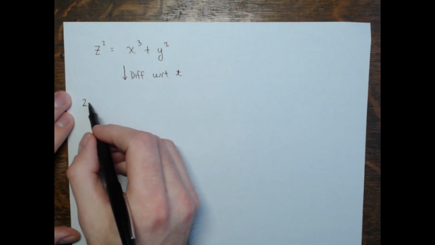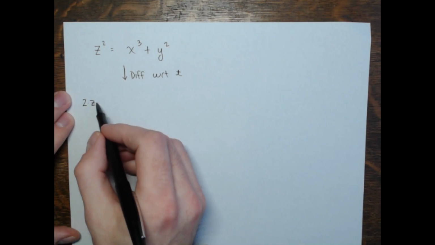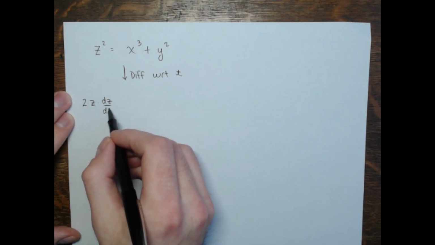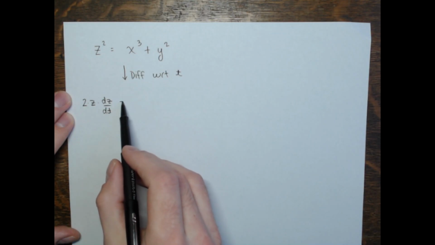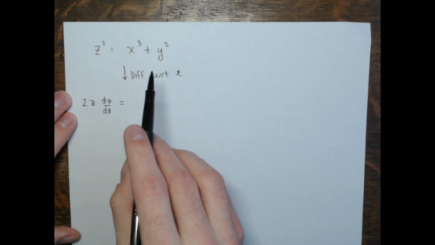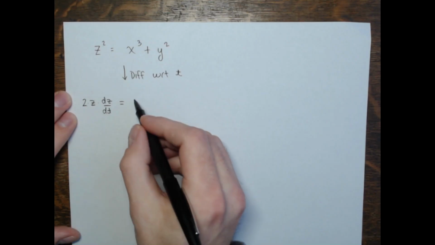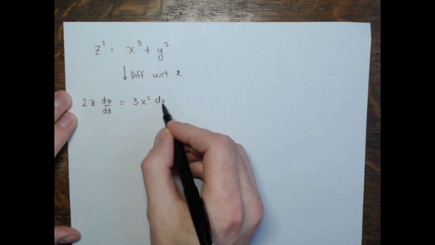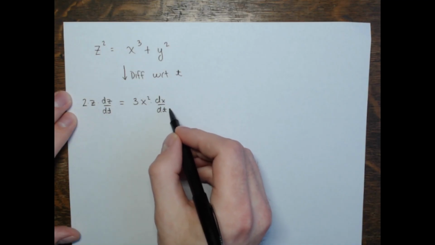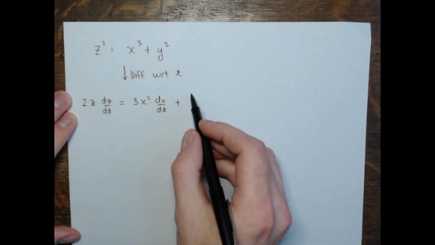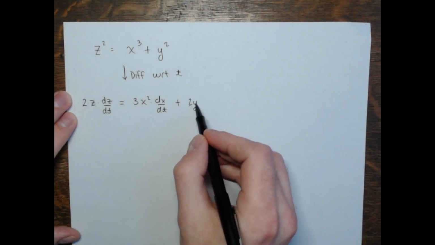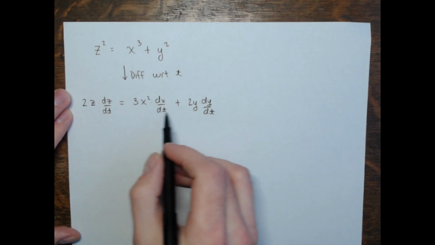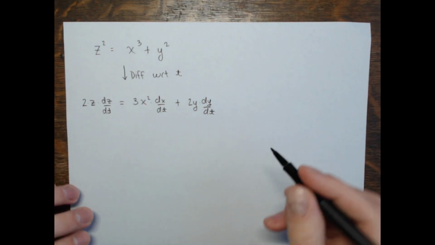So we'd have 2 times z to the first, but then, chain rule, times the derivative of z with respect to t, or z prime of t, equals, and over here, 3 times x squared times dx/dt, plus 2 times y to the first, 2y times dy/dt. All right, now I have my related rate equation.